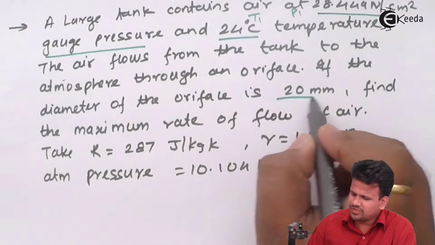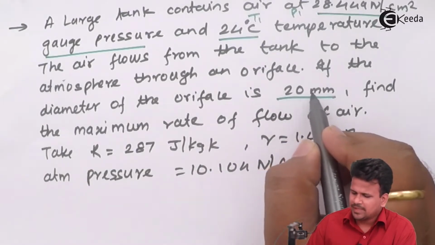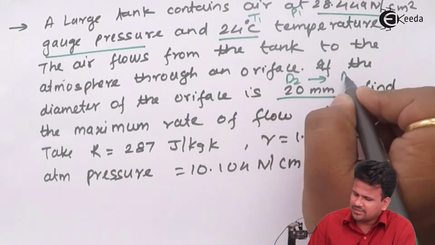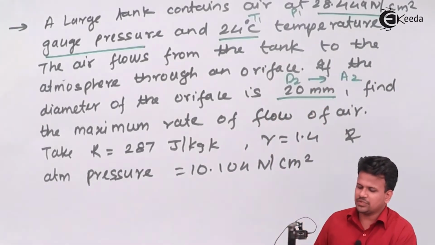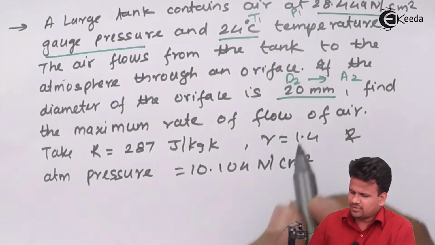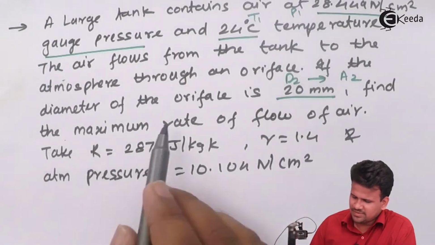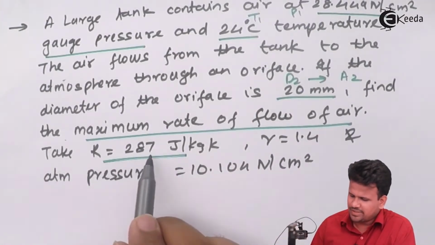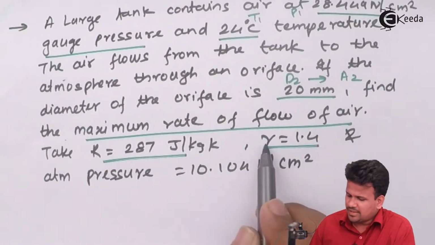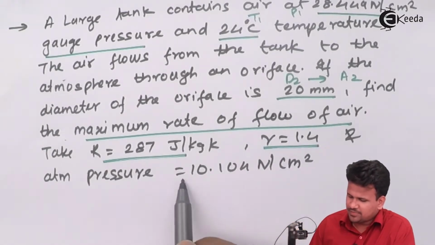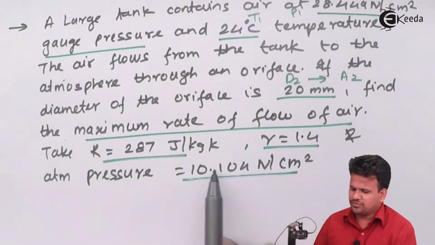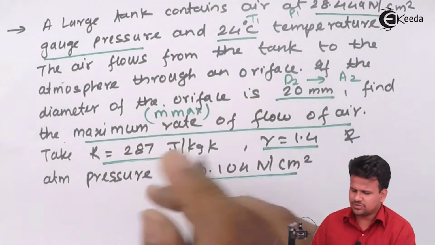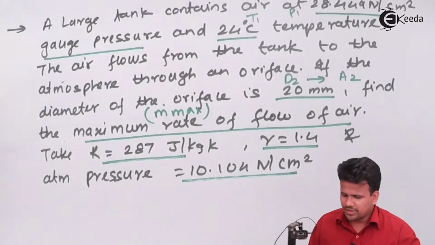If the diameter of the orifice is equal to 20 millimeters, so D2 is given to us, we can calculate the value of A2. Find the maximum flow rate of air. Take R equals 287 and gamma equals 1.4, atmospheric pressure equals 10.104. So all these things are given to us. So this is m dot max, which is what we have to calculate.